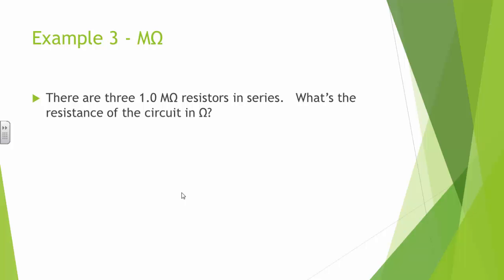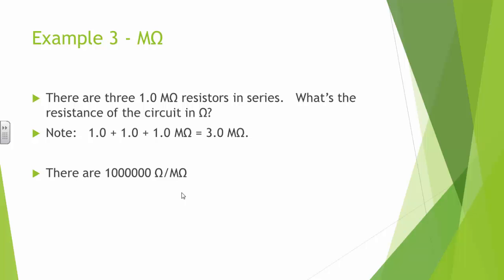First off, we use the resistors in series equation to get 3.00 mega ohms. And then we need to realize that there are 1 million ohms in every mega ohm. Multiply by 1, so multiply by 1 million ohms per mega ohm. We can see that the mega ohms cancel and we get 3 million ohms.